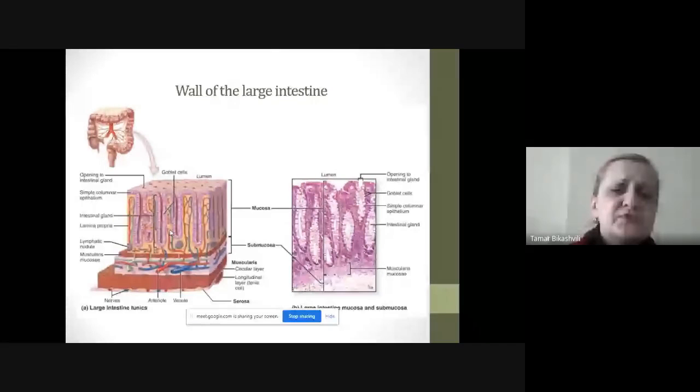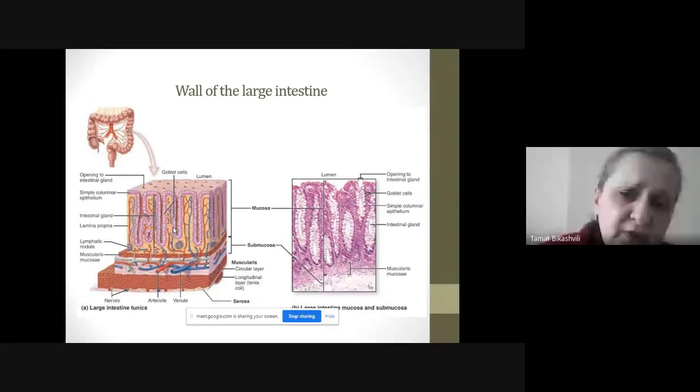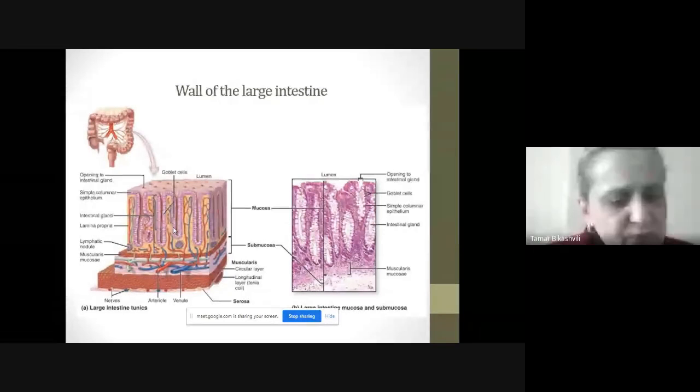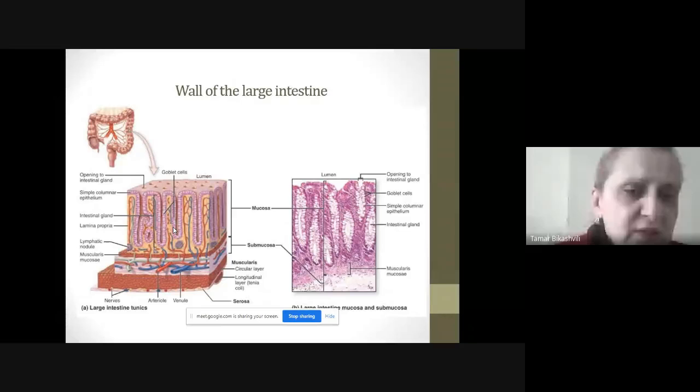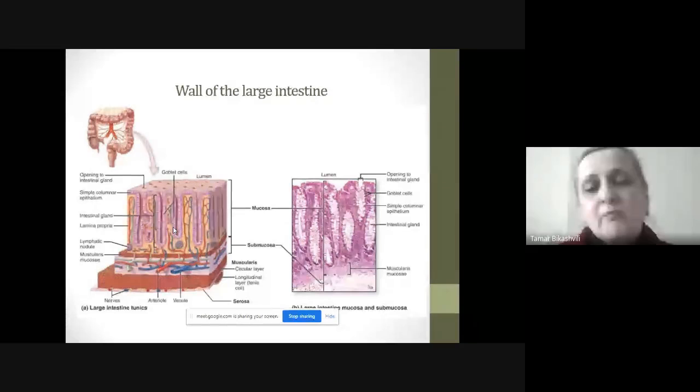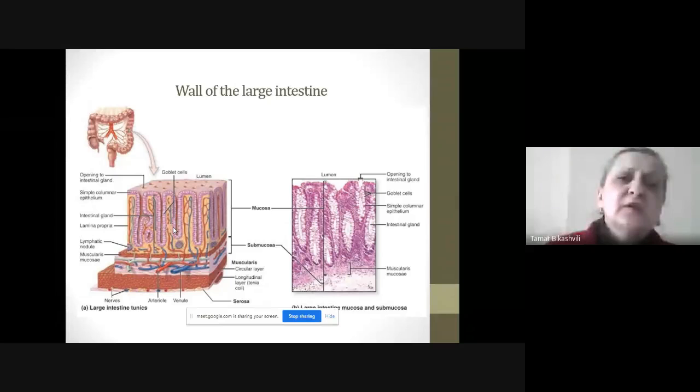So the cell types: the absorptive cells are here, not with such a brush border, but absorptive cells are also here. The name of the cells is colonocytes, and the goblet cells. But goblet cells are more numerous in the large intestine compared to the small intestine.